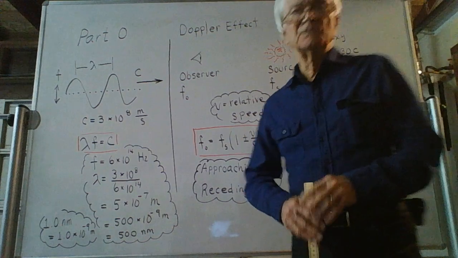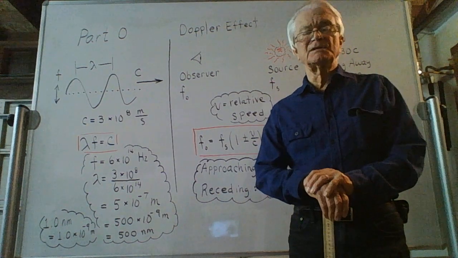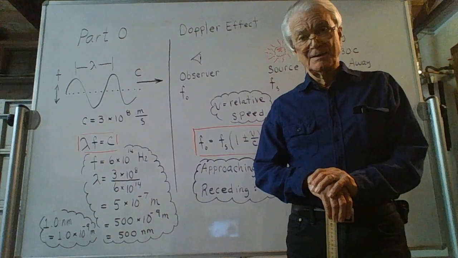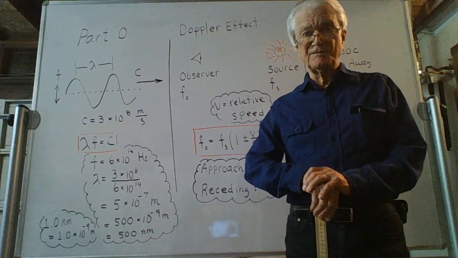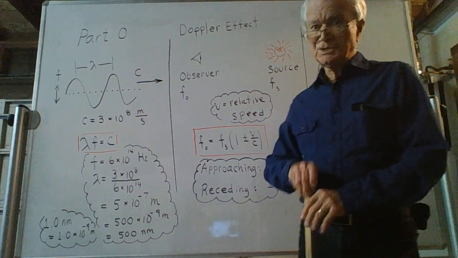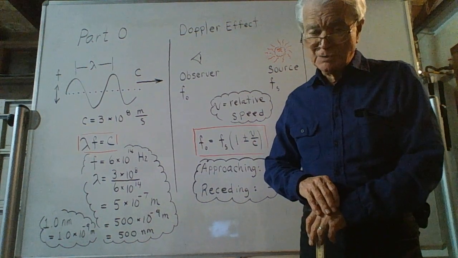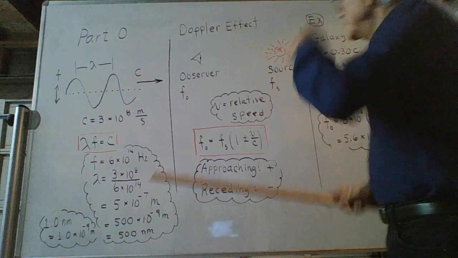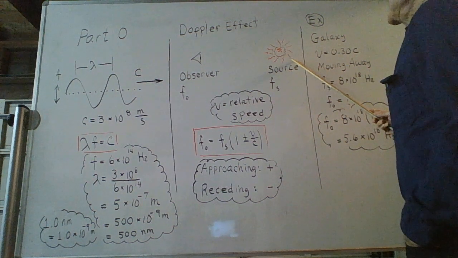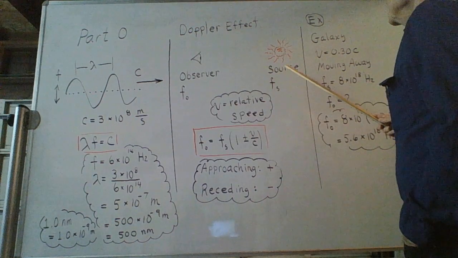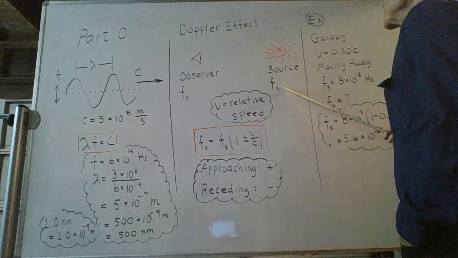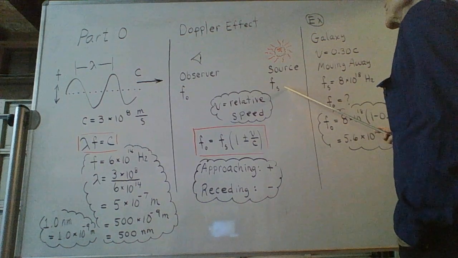You'll recall that when we studied sound waves, there was a phenomenon known as the Doppler effect for sound. We're now talking about a Doppler effect for light, or for electromagnetic waves. It's a different equation, and it's easier to use than the one for sound. I show the eye of an observer. I show a source of light. The source of light is broadcasting a pure frequency, F subscript S, frequency of the source.